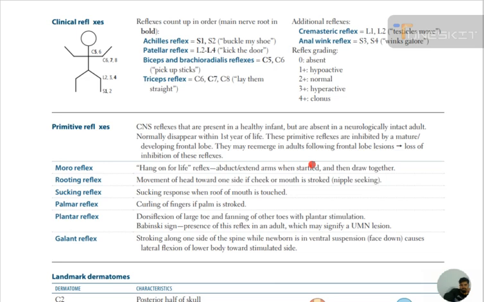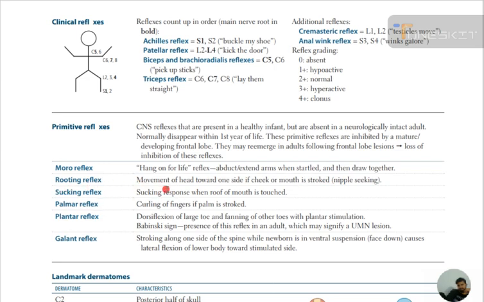This is Moro reflex. Rooting reflex, movement of head toward the side where the cheek or mouth is stroked by the nipple or something else. This is the nipple seeking reflex.